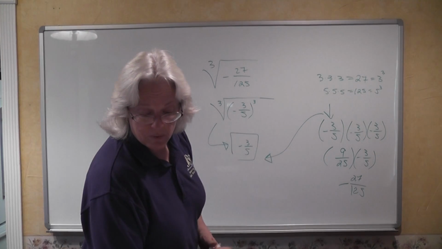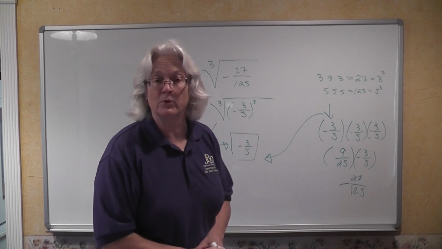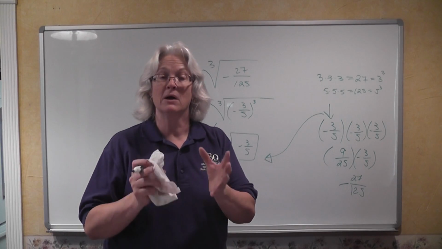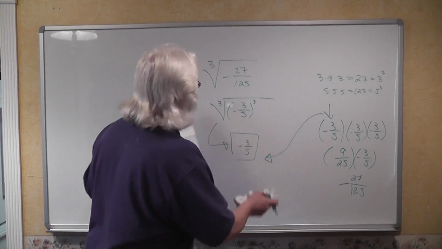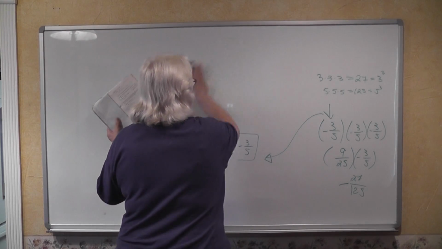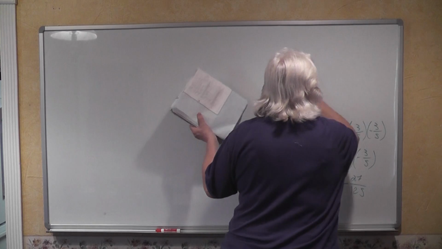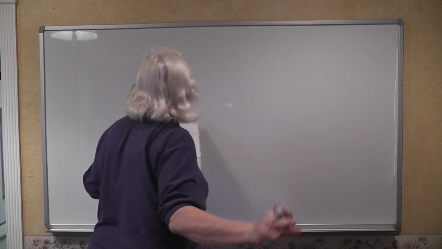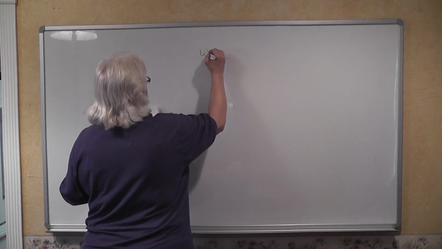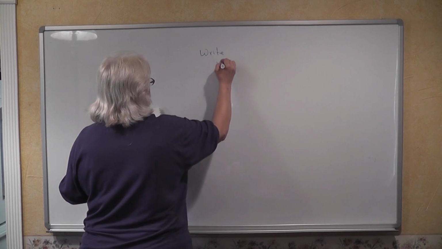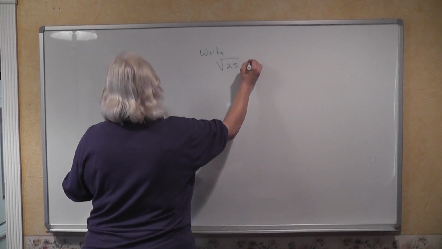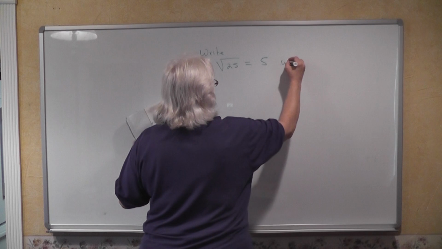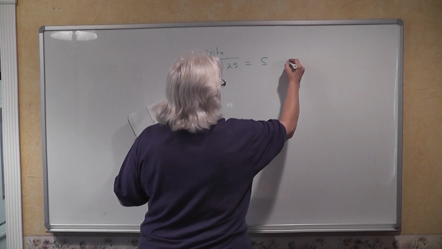Now, example 11 and example 12, I think the terminology here is a little bit confusing. This is not a hill to die on. And let me show you a different way to consider what they're asking you for. Example 11 says, write square root of 25 is equal to 5 using exponents.